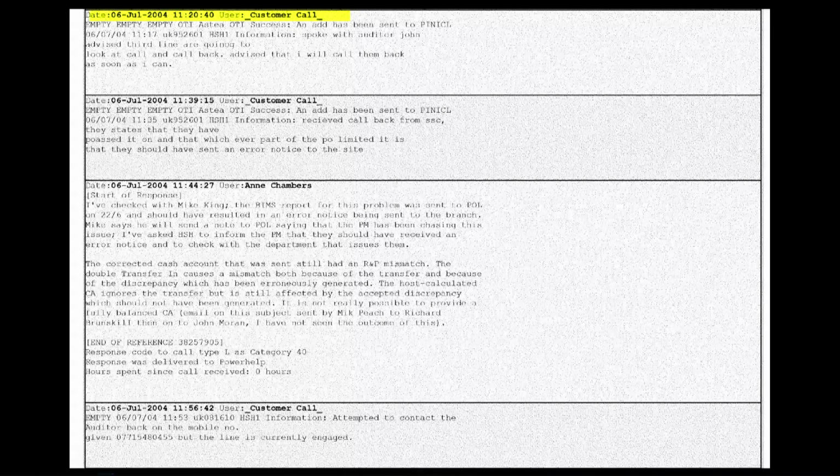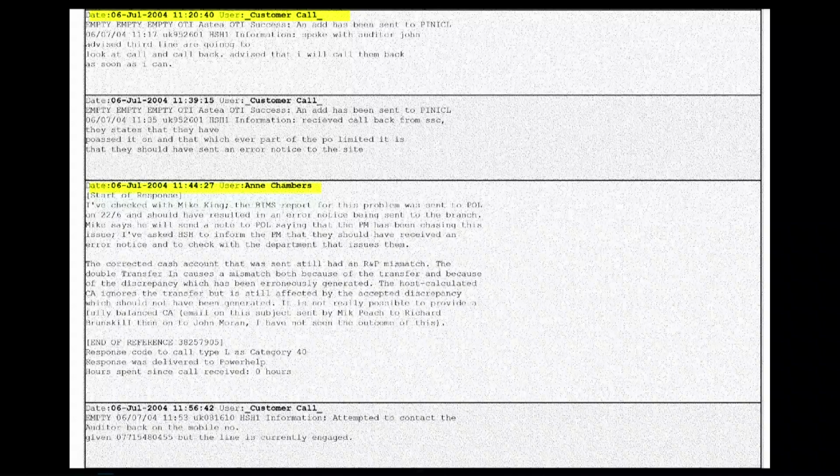And you say, I've checked with Mike King, the BIMS report for this problem was sent to the post office on the 22nd of June and should have resulted in an error notice being sent to the branch. Mike says he'll send a note to the post office saying that the postmaster has been chasing this issue. I've asked HSH to inform the postmaster that they should have received an error notice and to check with the department that issues them. The corrected cash account that was sent still had a receipts and payments mismatch.